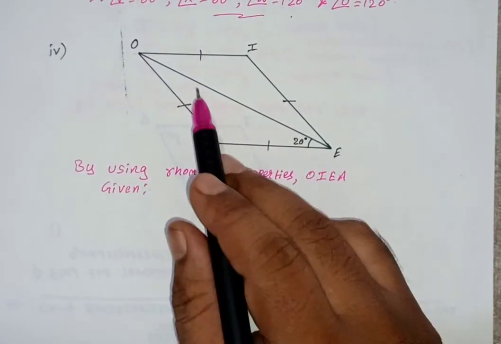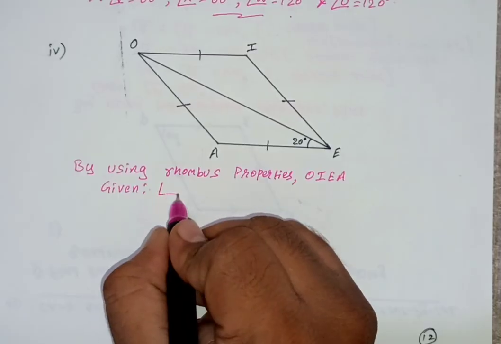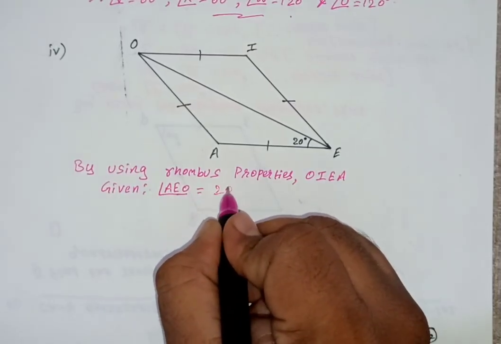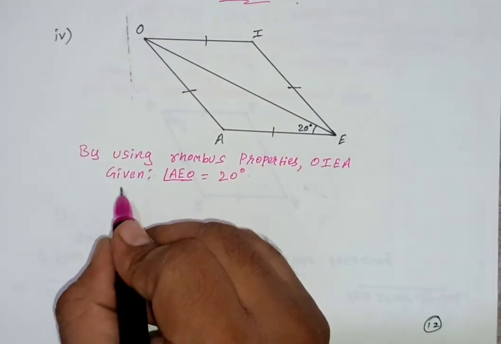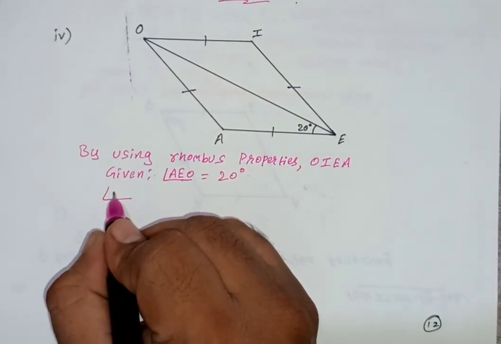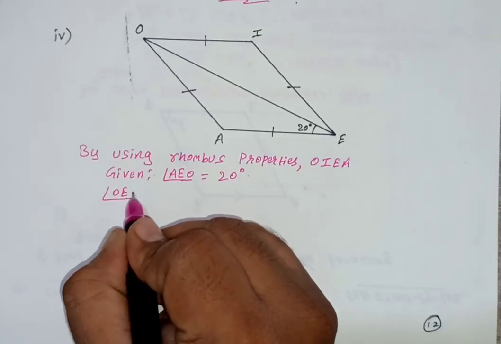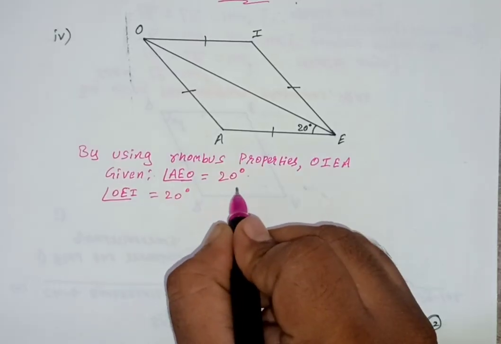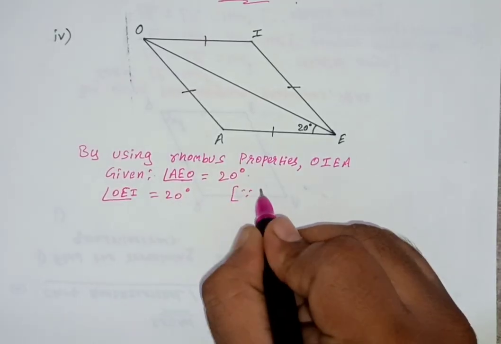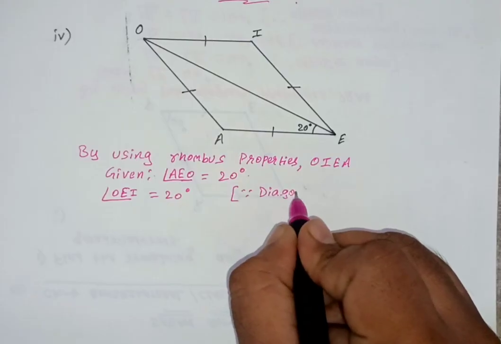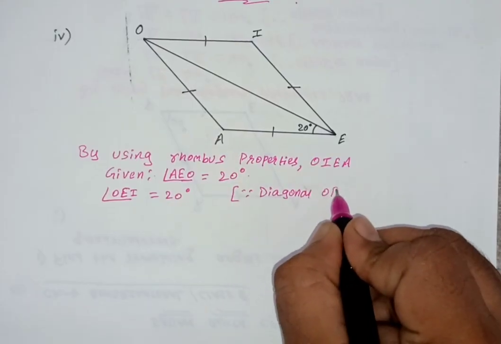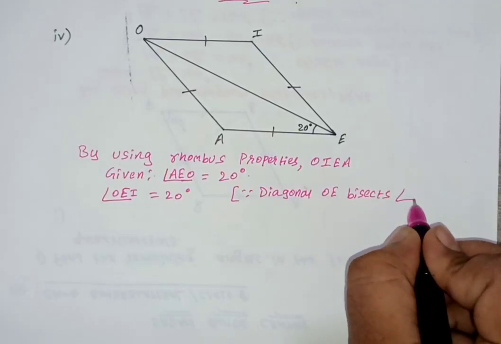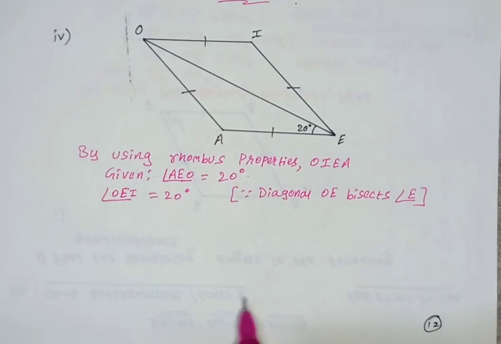Angle AEO or OEA, that is angle AEO, is 20 degrees. Right. Then angle OEI is 20 degrees, since again the diagonal OE bisects angle E.